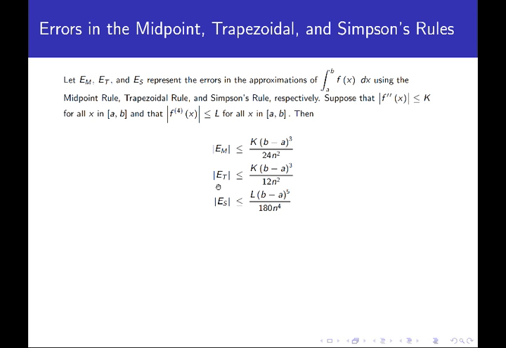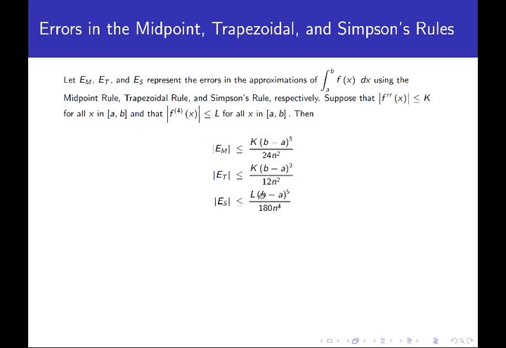For the trapezoidal rule, it looks very, very similar, but instead of a 24 on the bottom, we have a 12. All right. For Simpson's rule, now again, we won't use the k, because Simpson's rule uses parabolas, which take into account some of the bend in the function.